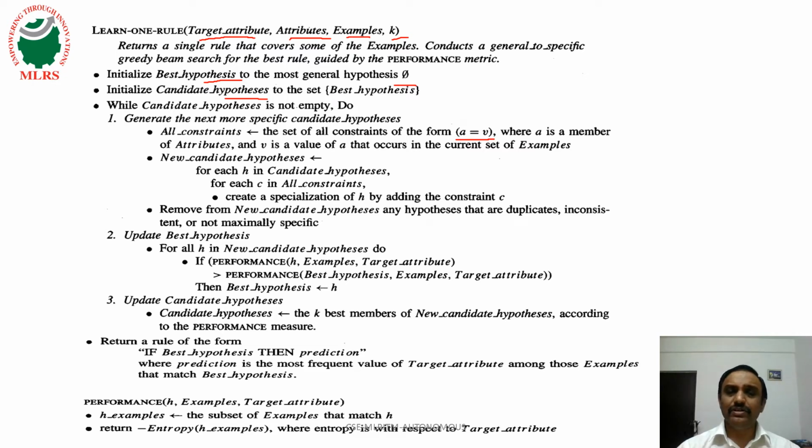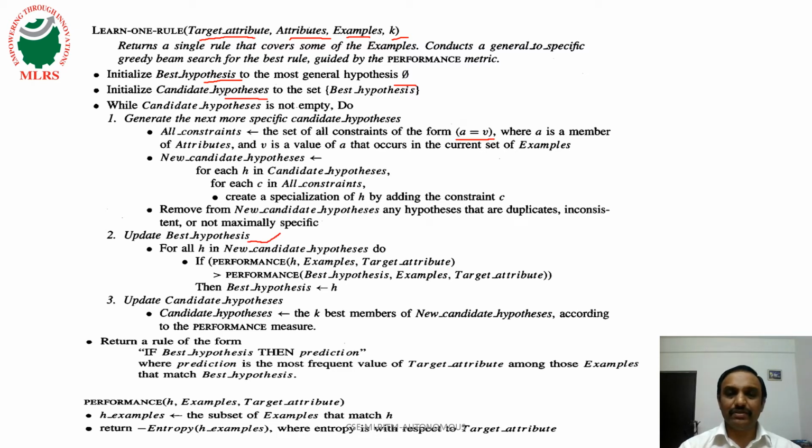For each candidate hypothesis and for each constraint C in the constraints, we have to take this new candidate hypothesis. While taking it, we should not allow any duplicates, any inconsistent ones, and it should not be maximally specific.